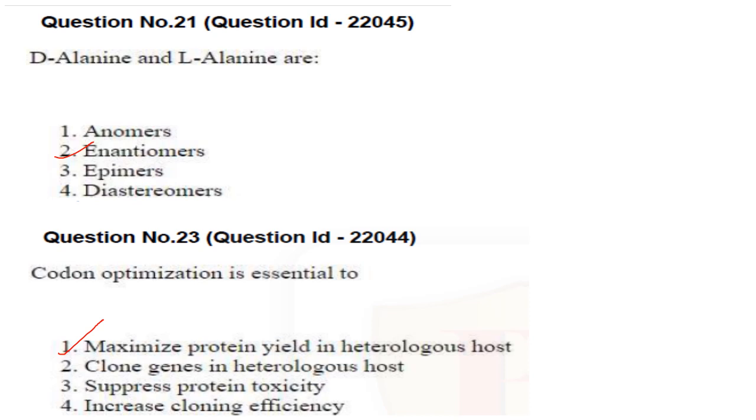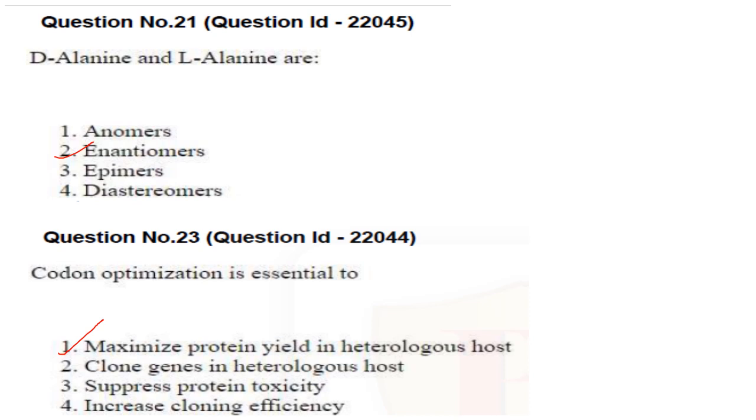Now the genetic code of different organisms, they are biased towards using only one of the codons that encode the amino acid. Now suppose you have got alanine which is coded by GCA, GCG, GCU and GCC. Now suppose some organism like bacteria, they will have preference for only GCU codon of alanine.